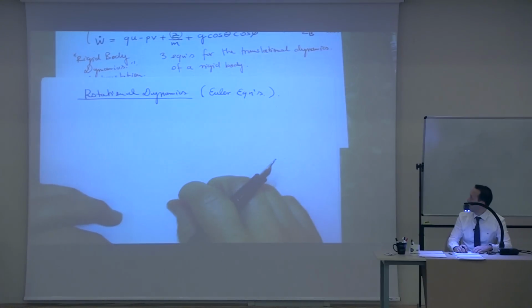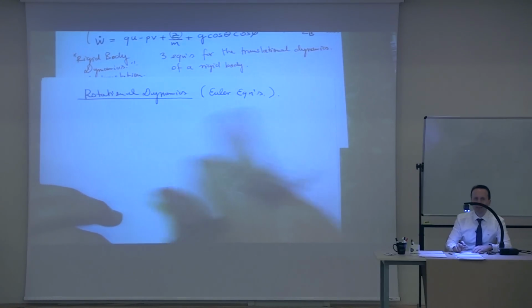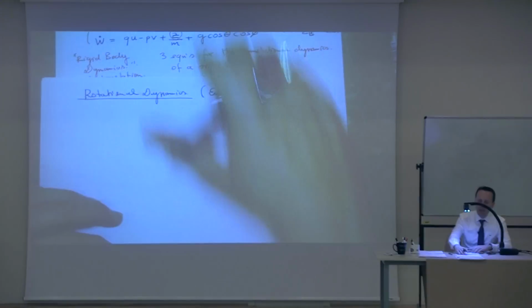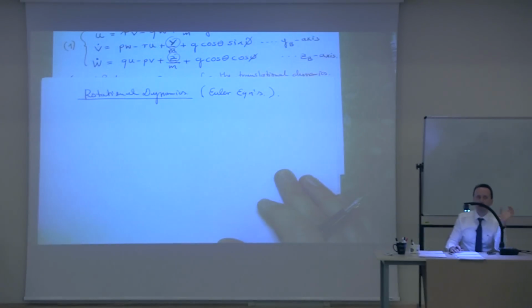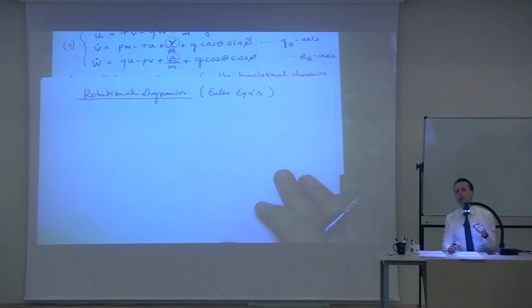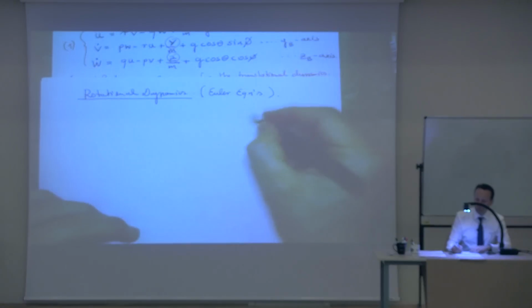The rotational dynamics plus the translational dynamics is sometimes called the Newton-Euler equations, because the Newton part is the translational part, and the Euler equations constitute the rotational part. Okay? So together, we would call them Newton-Euler equations.